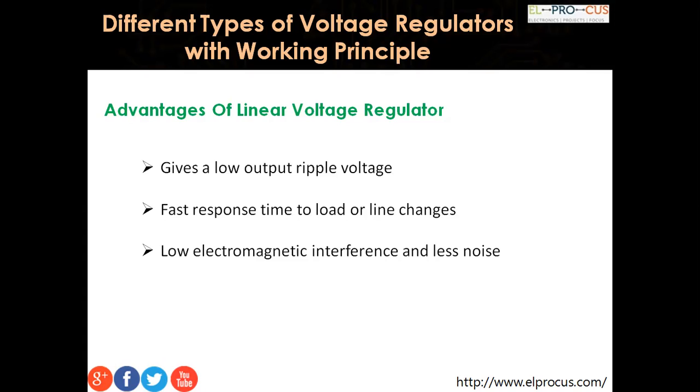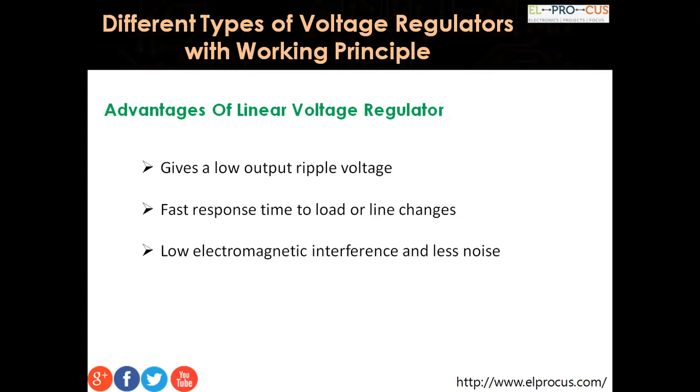It will give us low output ripple voltage. It will give us low electromagnetic interference, because when we are using the linear voltage regulator, we are using FETs.